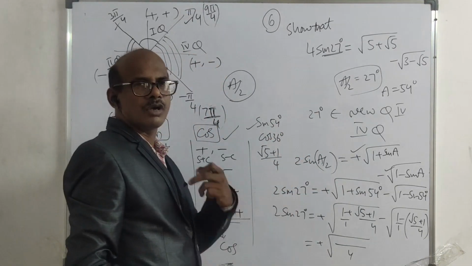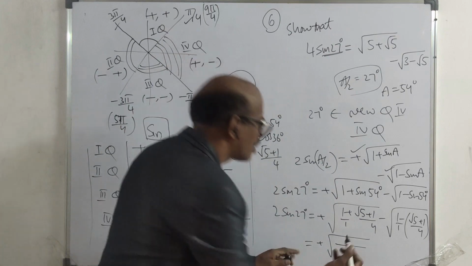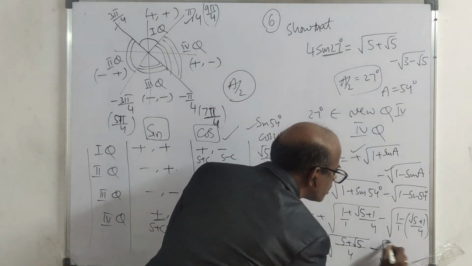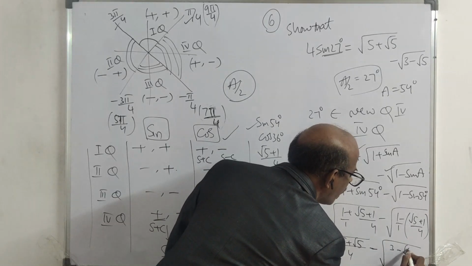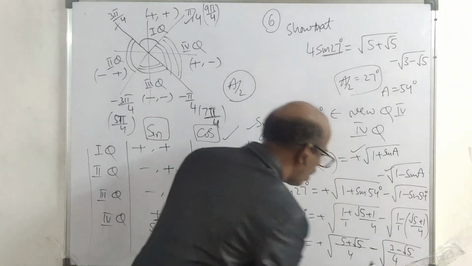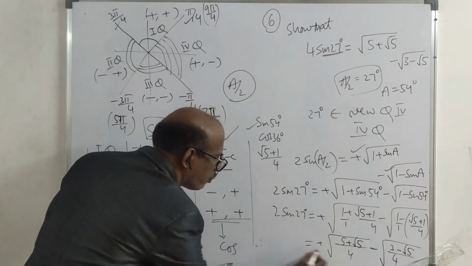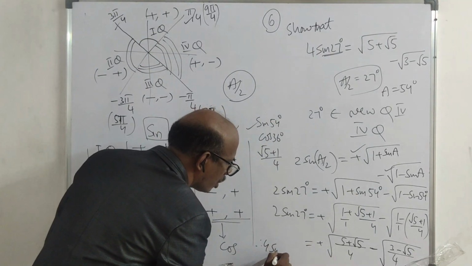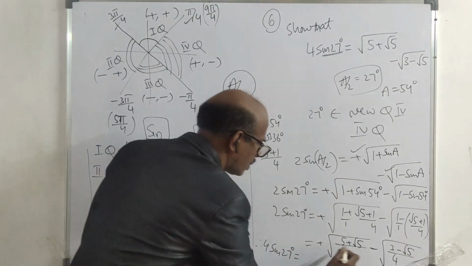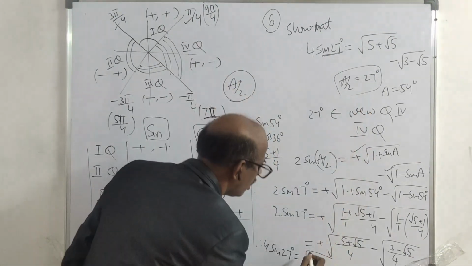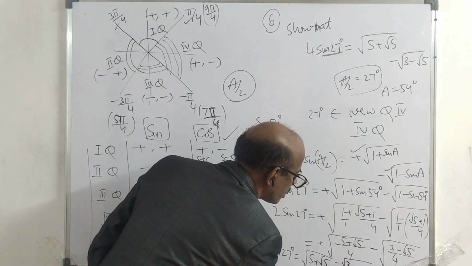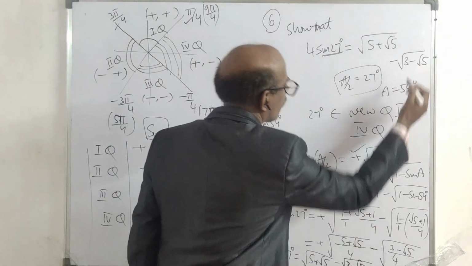Hardworking intelligence is made through teachers' classrooms. So it will be 3 minus root 5 by 4. Therefore, cross multiplication: 4 sine 27 equals root of 5 plus root 5 minus root of 3 minus root 5. That is the requirement.